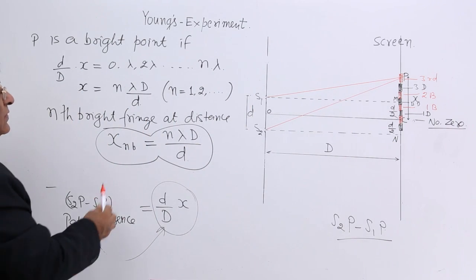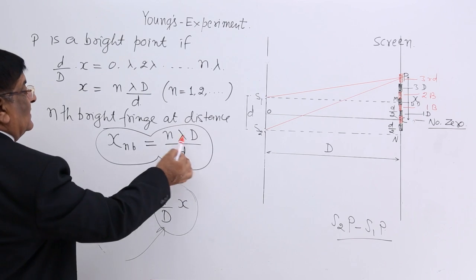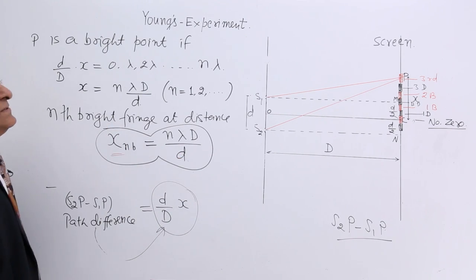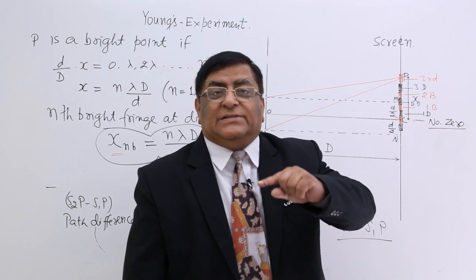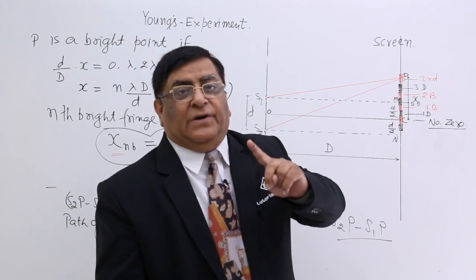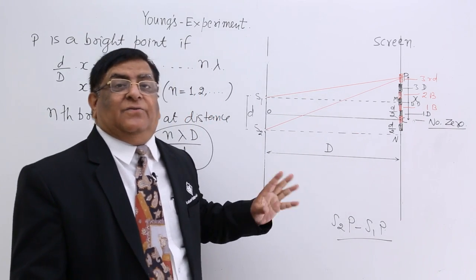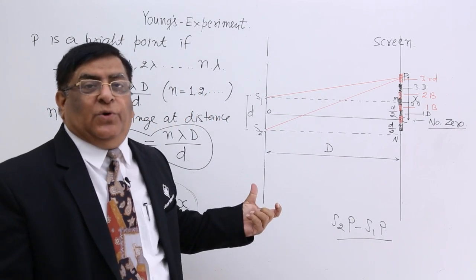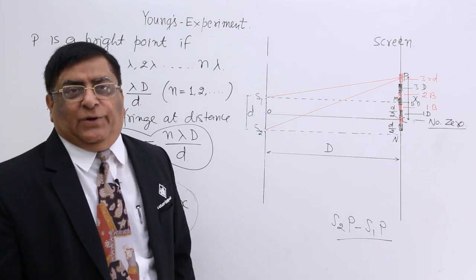You will put here 7, then lambda D by d gives you the distance. If I ask you the distance of the 9th dark fringe from the central bright, you will take the formula of dark and put there 9. We will make that formula.